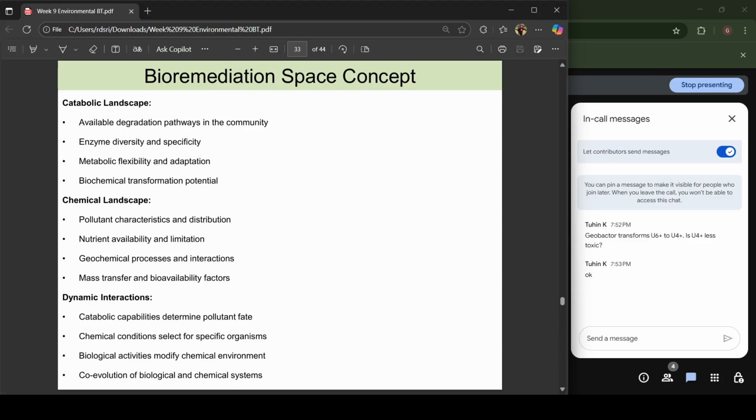For that, we need enzymes. Our environment is not a single pollutant system, so we need enzyme diversity. But we need enzymes that can target each of the pollutants. So we need diversity and specificity hand in hand. It should specifically target the pollutant, and for each pollutant, we need an enzyme.